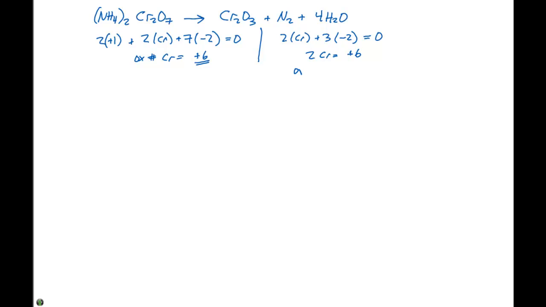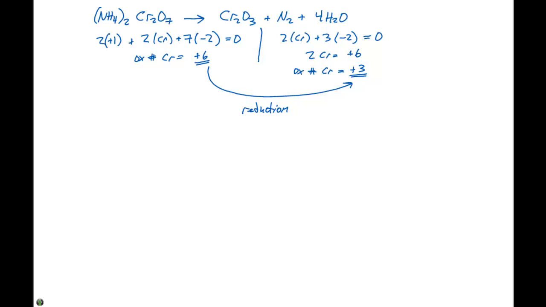So our oxidation number for chromium in this case is going to equal +3. So if we go from +6 to +3, we're going to call this reduction, because the oxidation state goes from a larger number down to a smaller number.